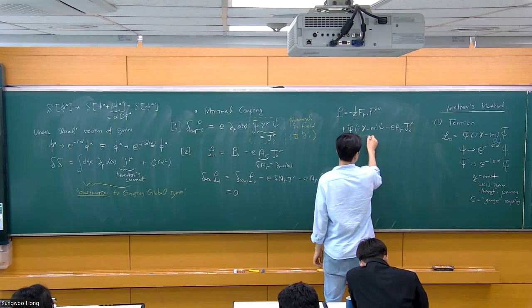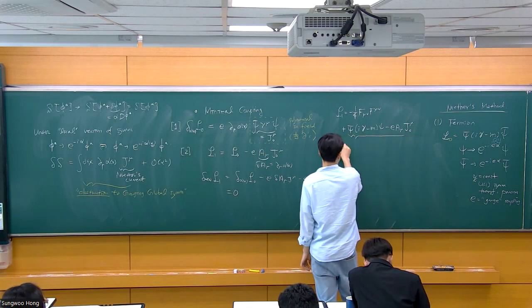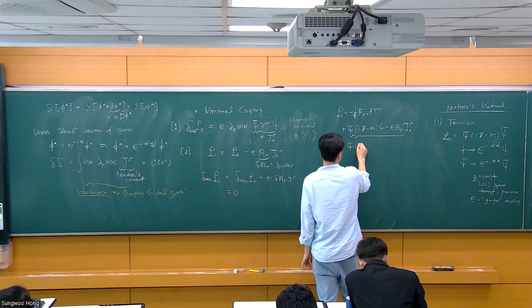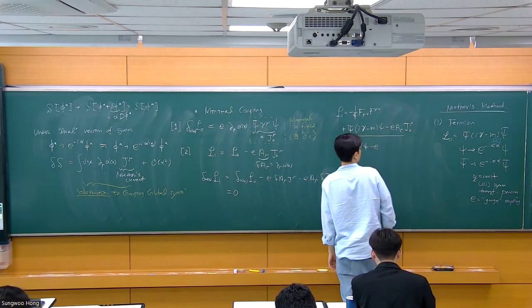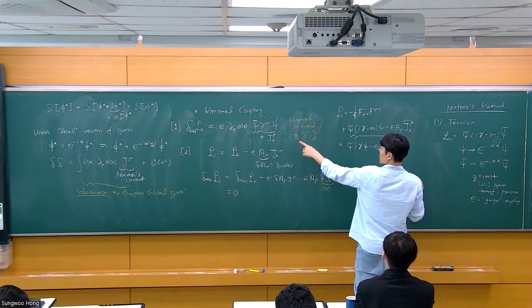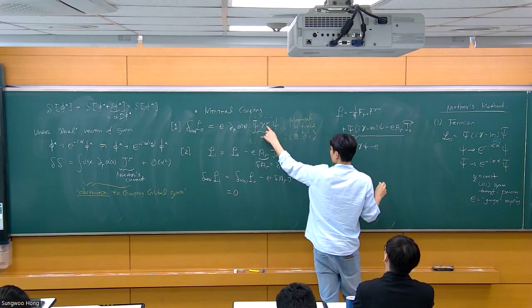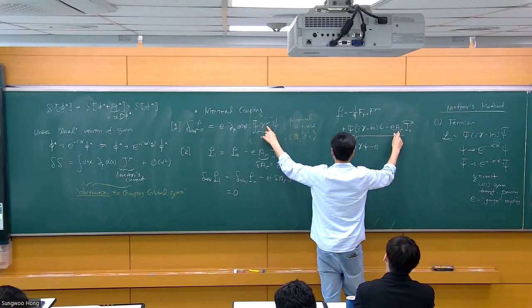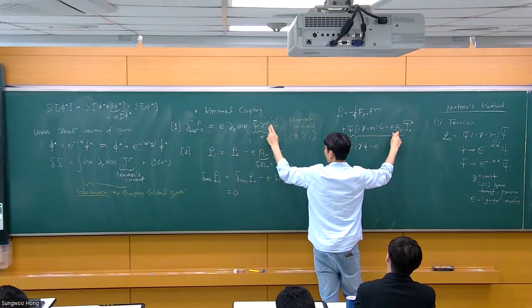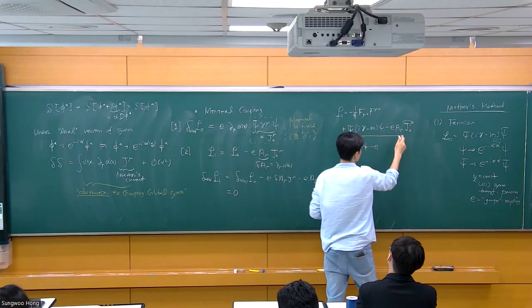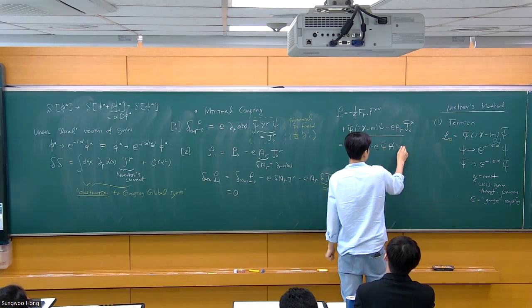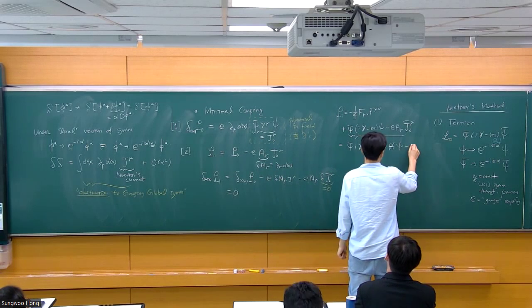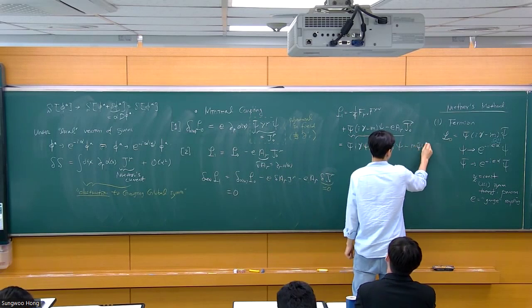So let me rewrite this part again. So I have psi bar, this, and this is minus e. And remember, this had gamma mu here. Since the photon field commutes with the fermions, let me just move it in. I can rewrite this as psi bar A slash psi, and then there's a mass term.